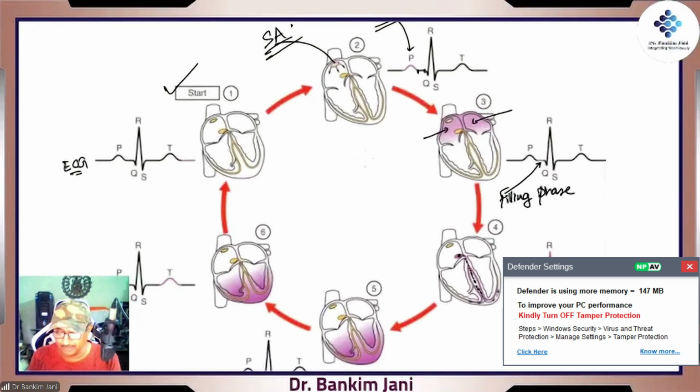At this point the atria would be relaxing, but that signal is merged into the ventricular depolarization, so we are not able to see it separately. Then when the ventricles relax, we get the T wave.